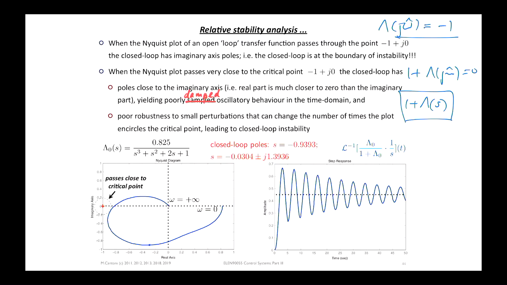It'll decay very slowly, but with lots of oscillations. So you can see in this example that our Nyquist plot gets very close to the critical point. That suggests there will be closed loop poles very close to the imaginary axis. And so we'd expect to get lots of oscillations that take a long time to decay in the transient part of the closed loop response to, say, step changes in the inputs.